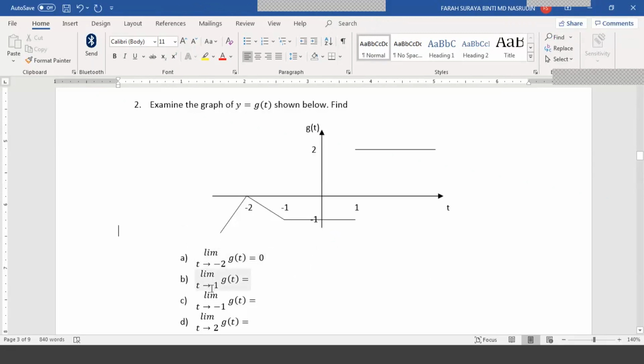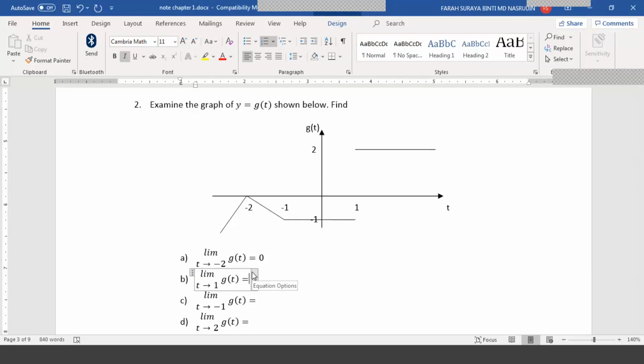Okay, next. Question B. Limit T approaches negative 1. Okay, so you need to determine the right limit and the left limit. Okay, Nurul Umairah. Okay, left limit dia berapa?